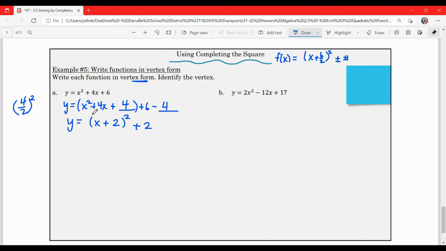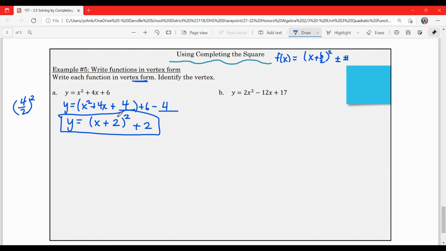This is vertex form. It's y equals a quantity squared plus a number. So this is vertex form. And what's really nice about this is think about the translations that we learned about in the previous chapter.